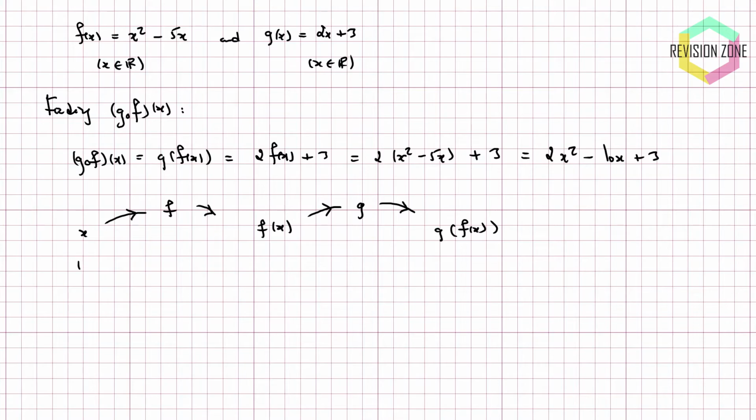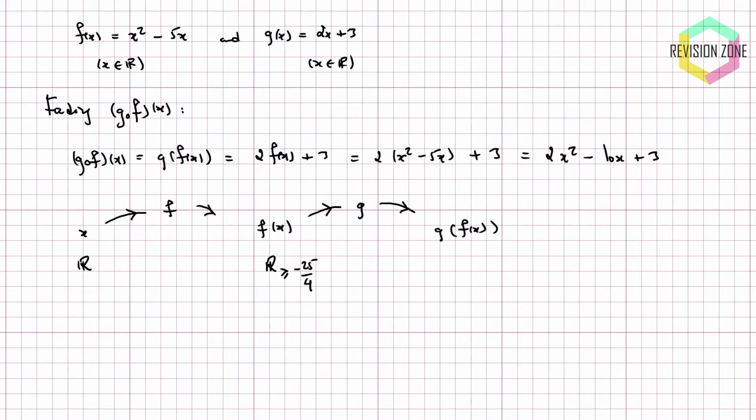F has domain real numbers, but of course f is not going to have range real numbers. We worked this out in the previous part of this example. It's going to have real numbers which are bigger than or equal to minus 25 over 4. And then g is going to have domain all the real numbers.